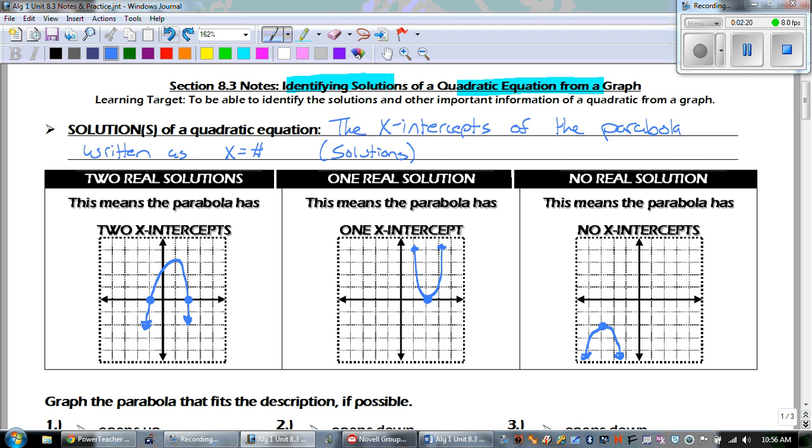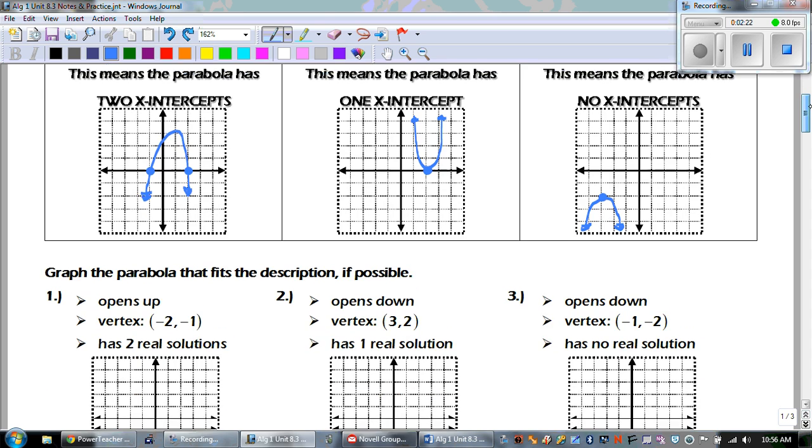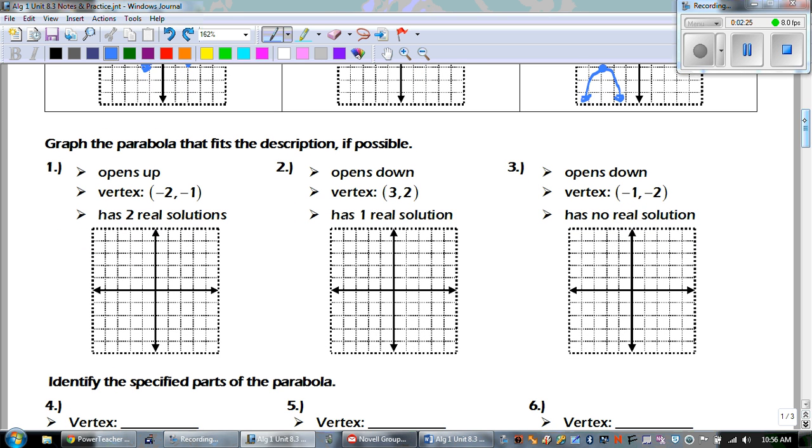Okay? So let's take a look. Given the description, graph the parabola that fits the description if possible. So I have to make sure that it opens up, its vertex is (-2, -1), and it has 2 solutions.